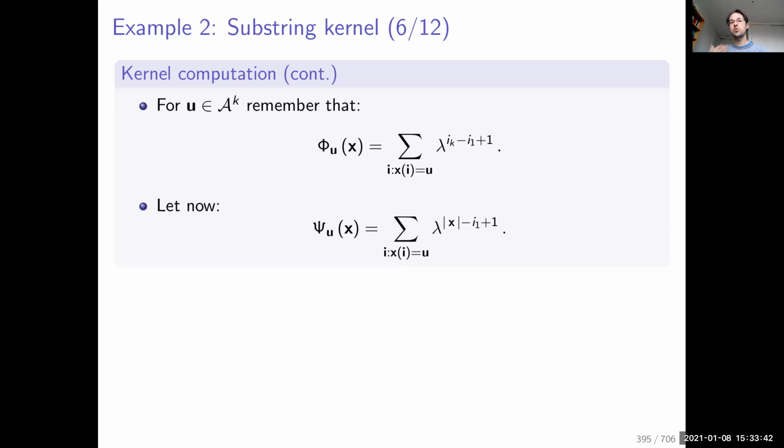This structure allows us to compute the kernel value as a function of other kernel values involving smaller sequences. There is in fact a recursive formula that we can derive that allows you to compute the kernel value k of x, x prime for 2 sequences using dynamic programming in polynomial time complexity.